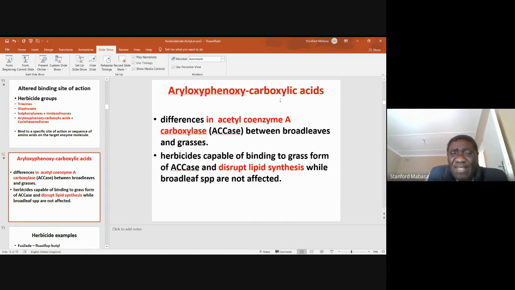But this cannot happen in a broadleaf plant, and therefore the broadleaf plant is going to survive.